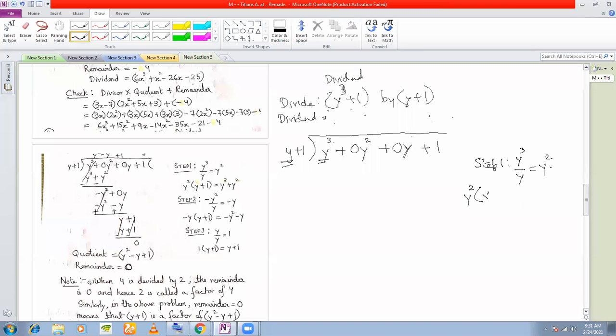So you multiply y square by y plus 1. How much do you get? Y cube plus y square. Do you see a y square we are getting here? That is why we write it in descending powers of y. We are getting y cube plus y square here, so I'll write a y cube below y cube, and a y square below y square. Now you understood why I wrote in descending powers.